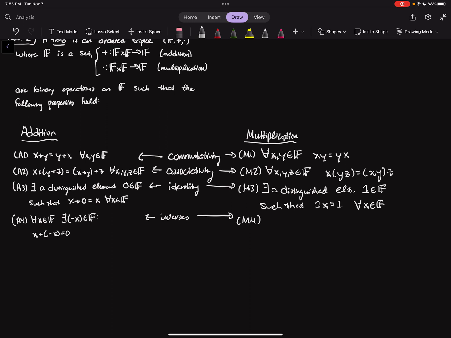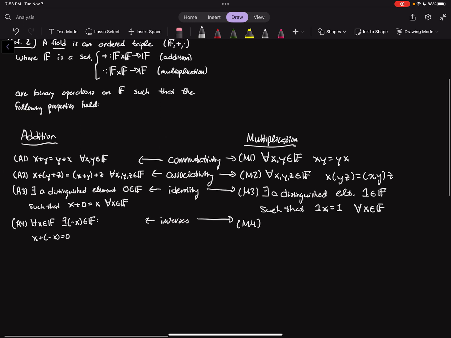So for all non-zero x, there exists an element, which we will denote x to the minus 1, such that x times x inverse equals 1.